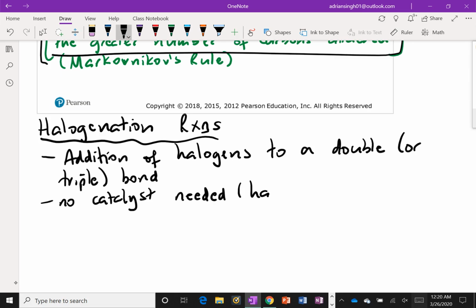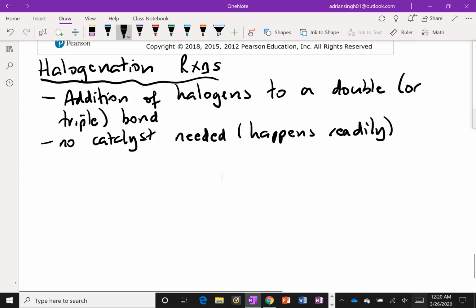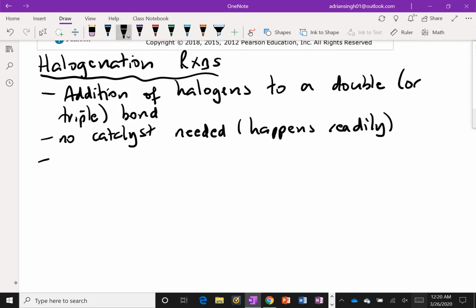This occurs readily. We'll just take a look at an example. So if I have an alkene that looks like this, and I react that with a halogen, so let's just choose bromine, for instance, Br2.